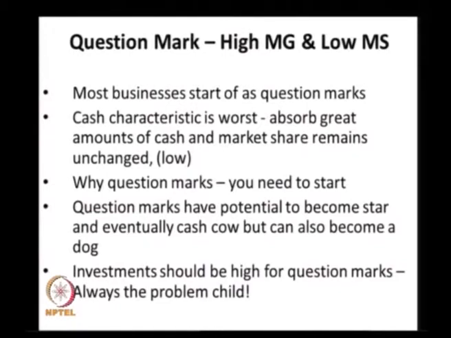And what will happen over a period of time is that question marks will eventually have the potential to go into stars, which means they would have grown, and along with the growing market also have growth in market share, and finally when the market declines they will become cash cows. The challenge is to identify such candidates.